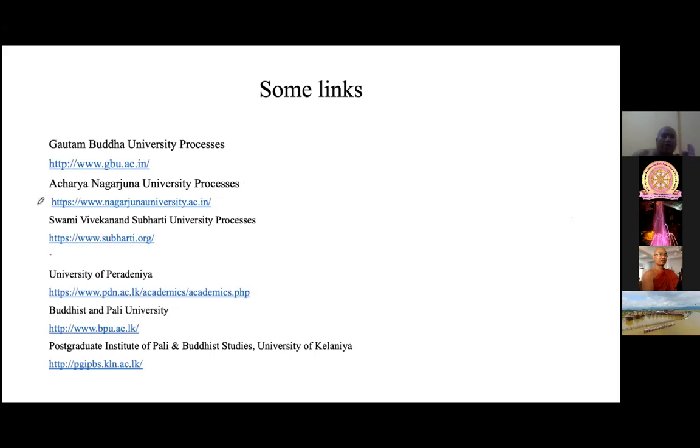There's Swami Vivekananda University. I think about 4 or 5 years back, they opened a Buddhist studies department. Many students there are doing PhD or MPhil, mostly PhD. If you are interested in doing research at that university, go to the website and read about their process, because the process will be different.